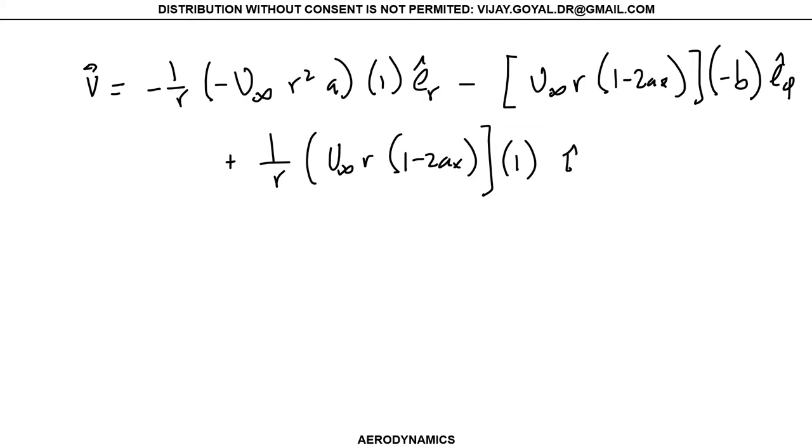Okay, so now I can further simplify all this, collect all the terms, and then your final velocity is actually equal to the following.